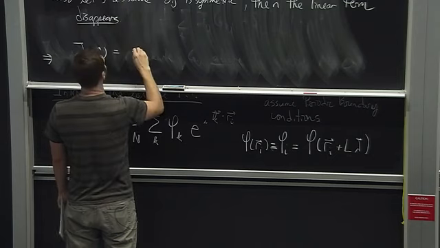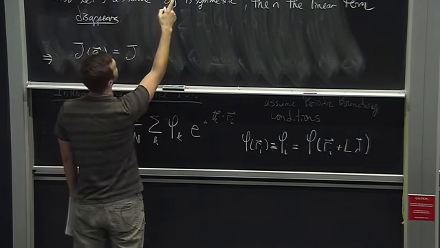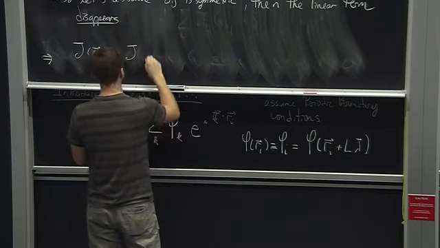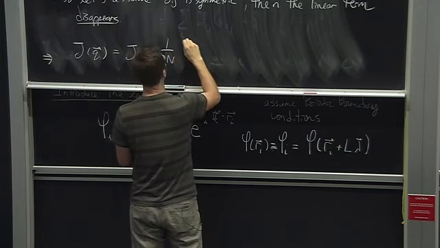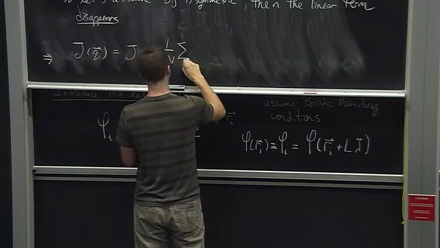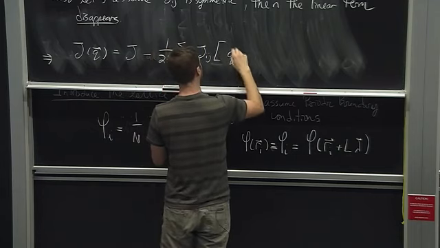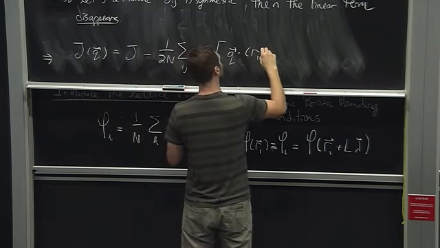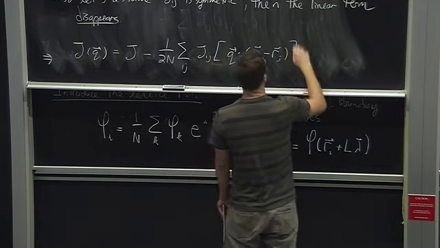Okay, so that first term, I'm just going to call it J. The linear term, I'm going to call 0. So I'm going to have 1 over 2n, squared.